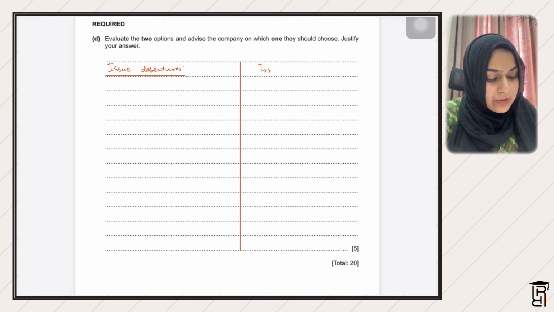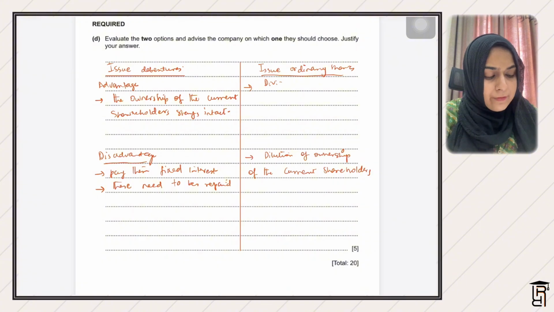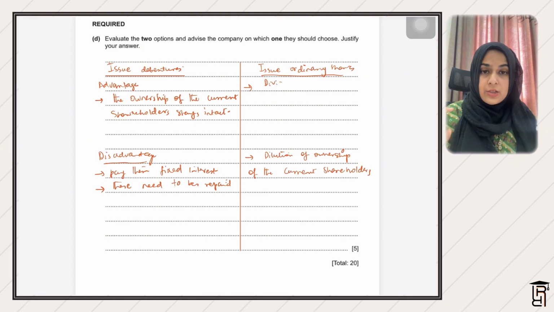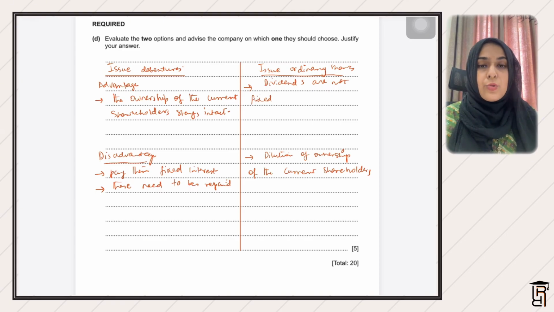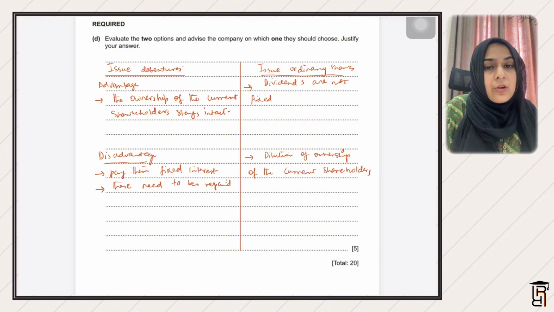In case of issuance of shares, the advantage is that dividends are not fixed. For ordinary shares, the dividends depend on profit. So if there is no profit in a particular year, the company will not pay dividends to the ordinary shareholders, and it's fine.